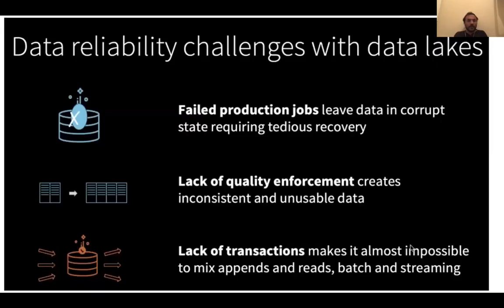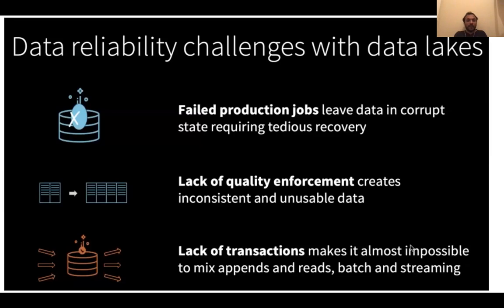And before we proceed further with the code, let's understand what kind of problem it might cause if you don't have such systems established. Data reliability challenges with data lakes: sometimes failed production jobs leave data in a corrupted state. Your Spark job is running and it failed, so half the data is written and half is corrupted, and there's no use of the data. So every time what you will do is a full load.